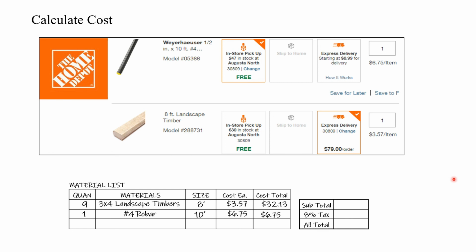Total those two items in the cost total, our subtotal will be $38.88. Then we calculated our tax, should be $3.11. And if we add those two items together, subtotal and the tax, we got $41.99.